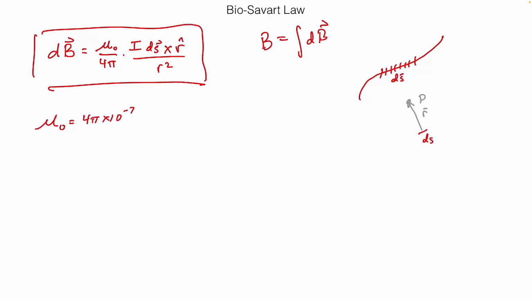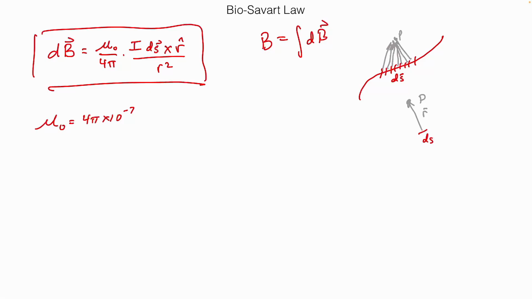Just like, what's this R in the electric field? It's how far away you are from the charge that's making the field, right? So in the Biot-Savart law, the R here is the distance from this little wire segment. We want to find it at that point P. Well, if we want to find it at that point P, I've got to find it from that segment and that segment and that segment, right?